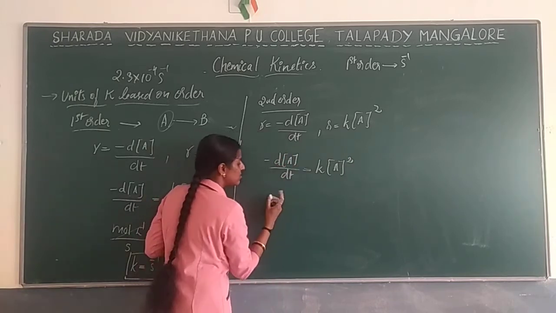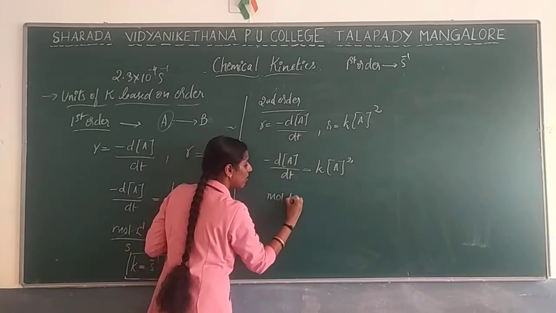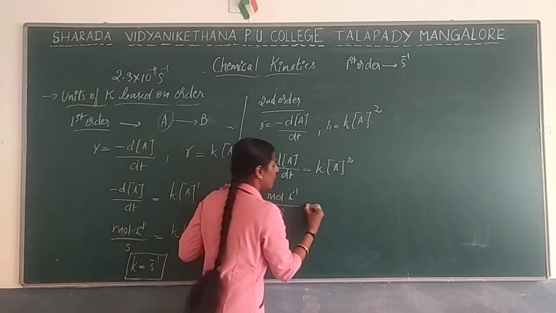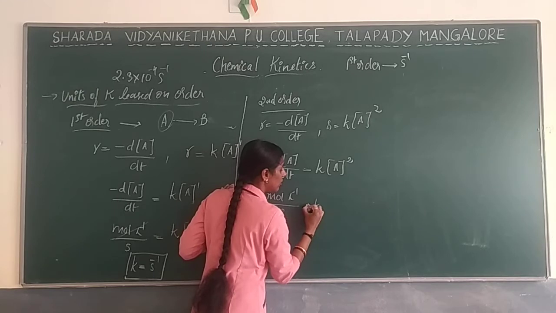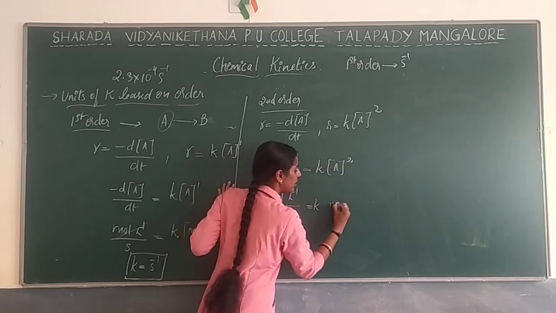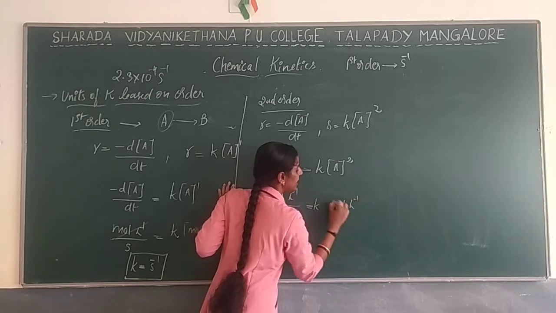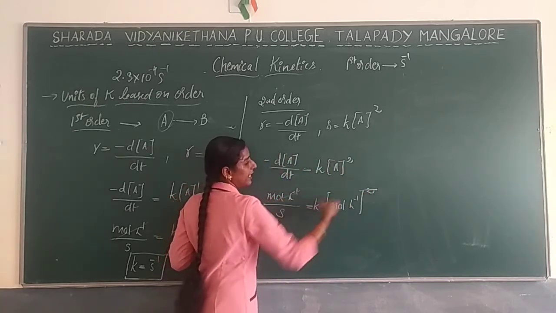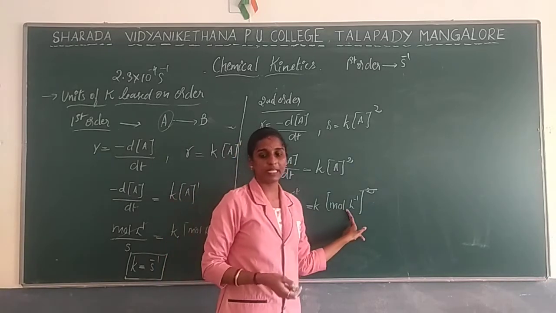So now for this, the concentration will be mole per liter, dt is nothing but second, and for this K is equal to A. In the sense, concentration twice you are having, so mole per liter twice. So once it will get cancelled, one more time it will remain as it is.